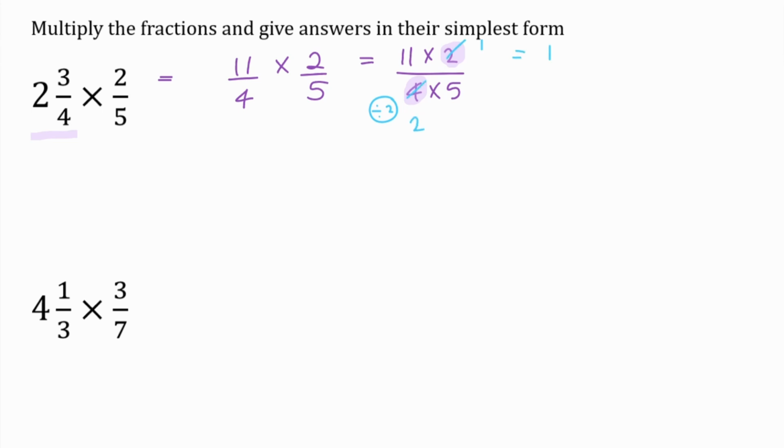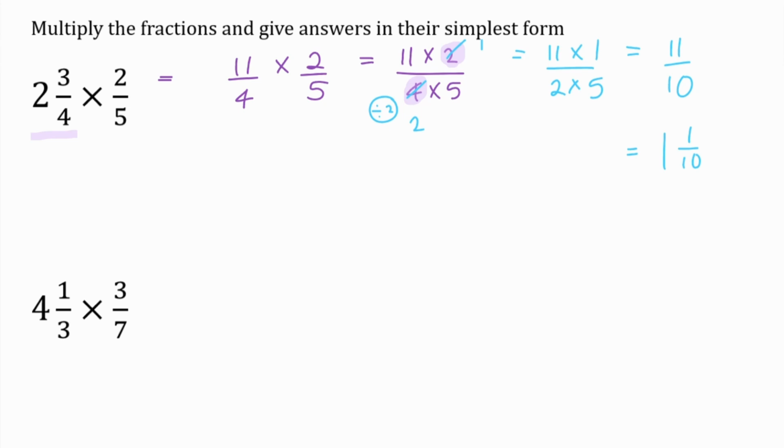So I can now rewrite this as 11 times 1 over 2 times 5, which is going to give me 11/10. Now, because this is a top-heavy fraction, it's an improper fraction, I can rewrite this as a mixed number, which is going to be 11 divided by 10, gives me 1 with a remainder of 1, and my denominator remains 10.